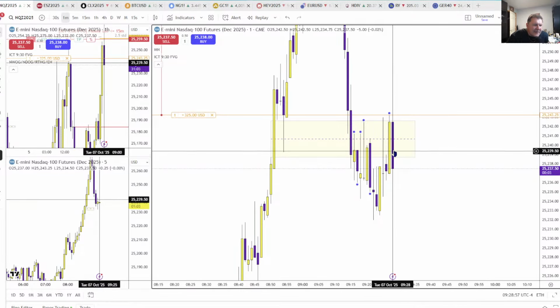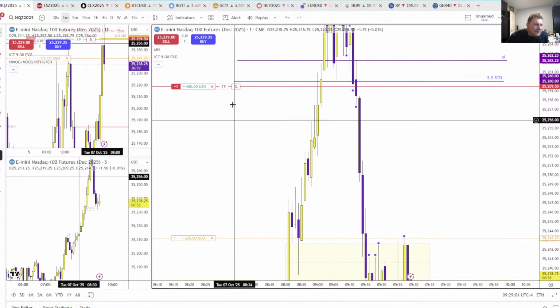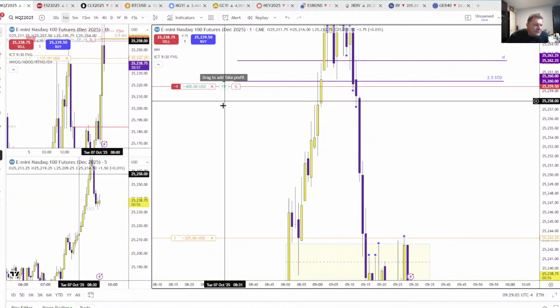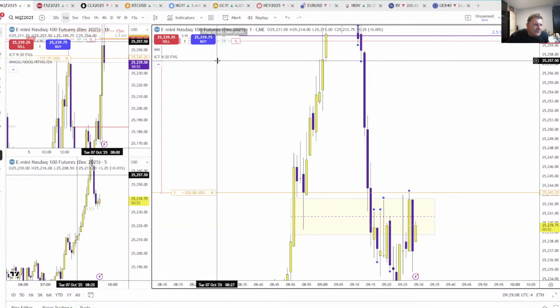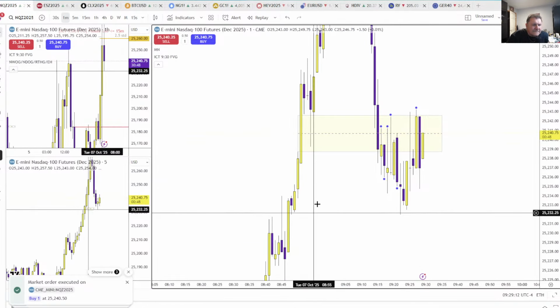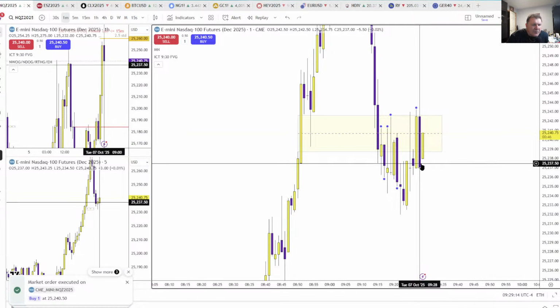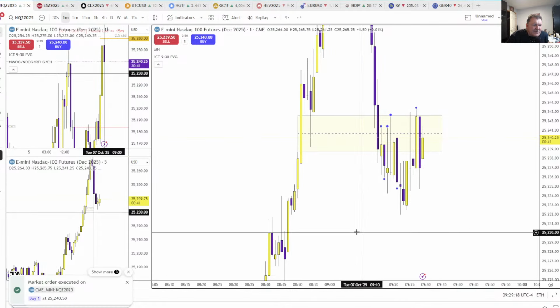So if I see this come back through the mean threshold, I'll close that out. I'm out. Oops. Out. All in one candle. I'll wait now for this to get broken to the downside.